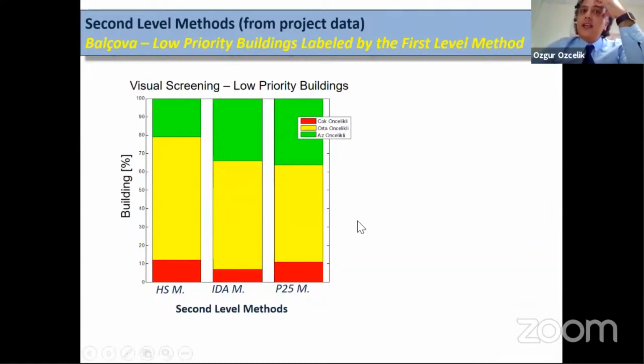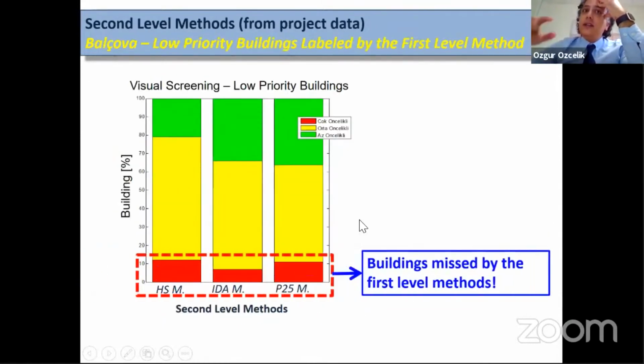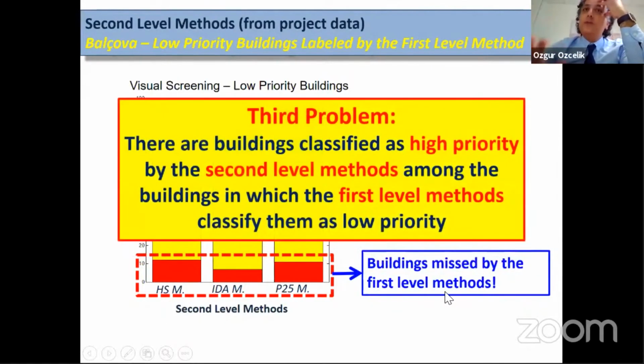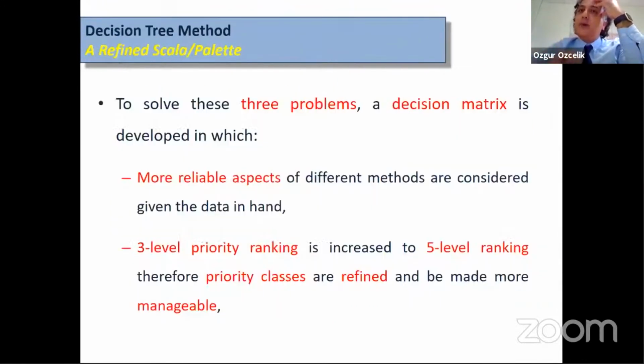And as you can see, the first level methods miss some of the high priority buildings labeled by the second level methods. Okay, so buildings are missed by the first level methods. So the third problem is there are buildings classified as high priority by the second level methods among the buildings in which the first level methods classify them as low priority.